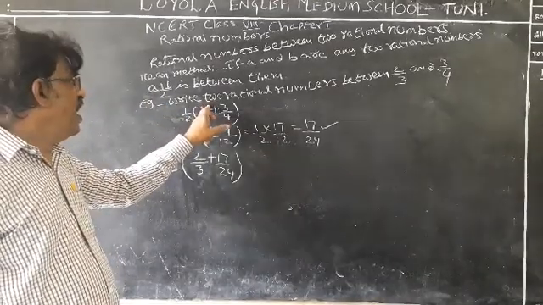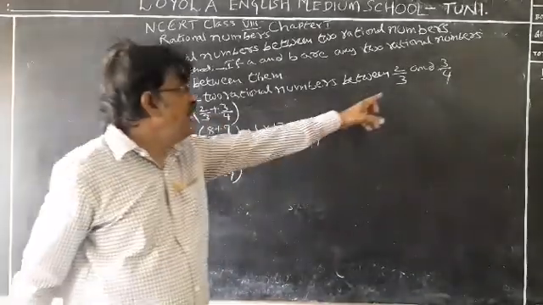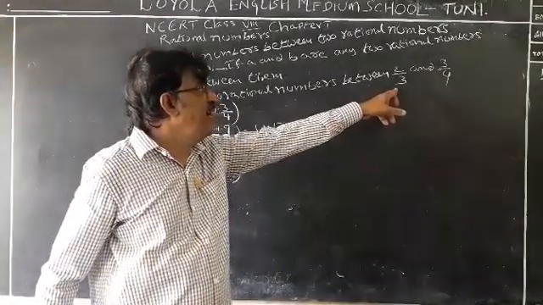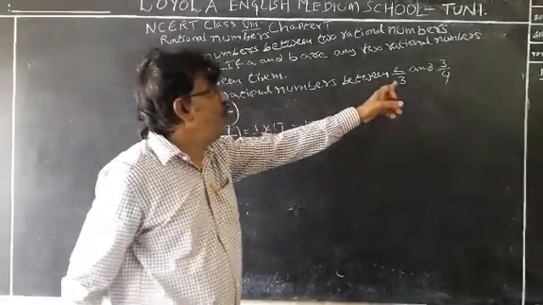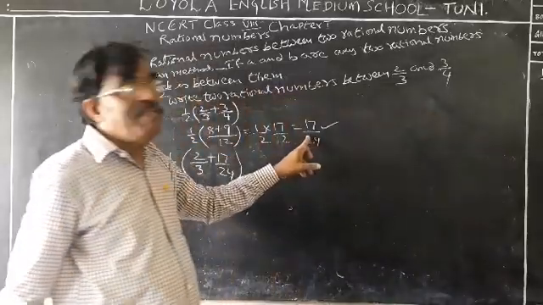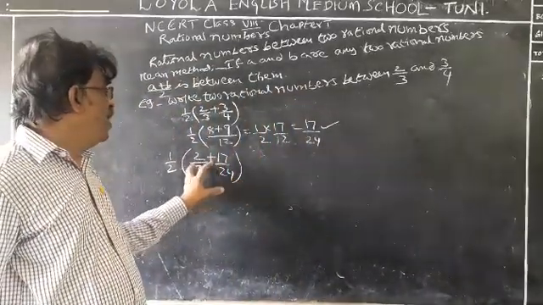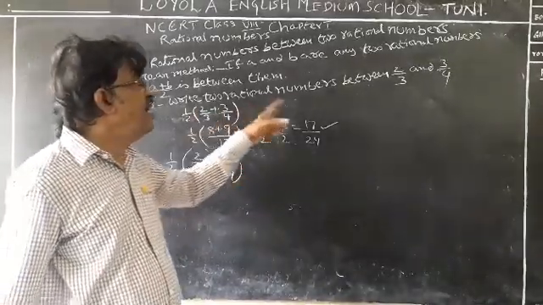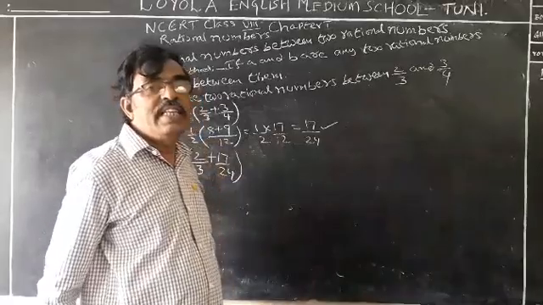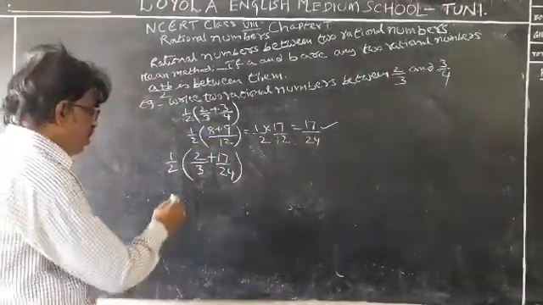It is 1 by 2 into the first given number 2 by 3, plus the rational number between 2 by 3 and 3 by 4, which is 17 by 24. Find the mean between 2 by 3 and 17 by 24. You will get the second rational number between 2 by 3 and 3 by 4. Are you following? Now let us observe.